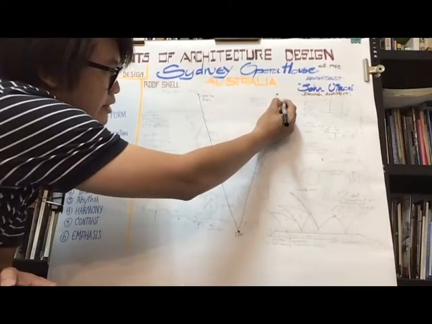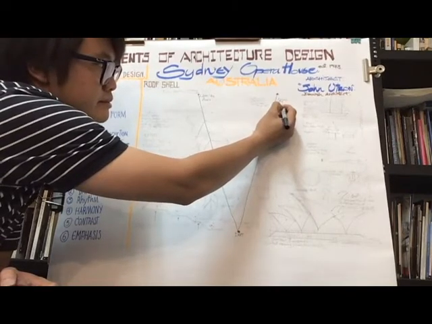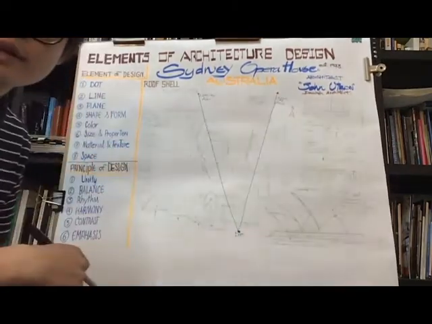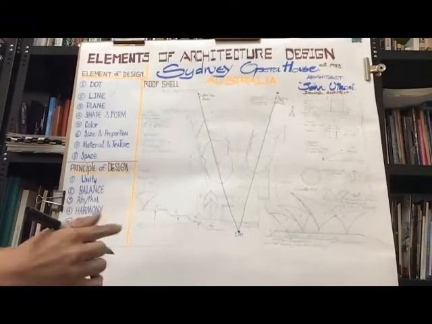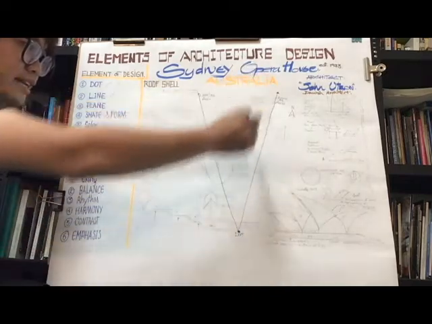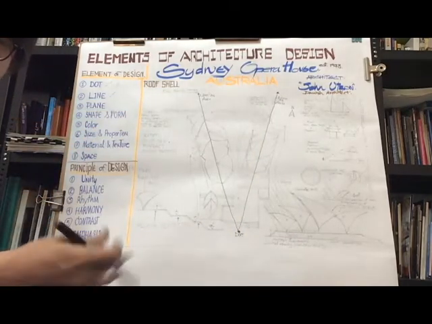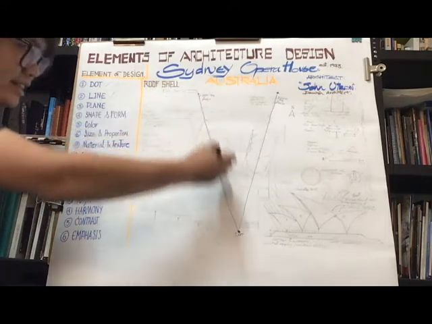The same, this one. So this line is the axis, or gan in Thai.